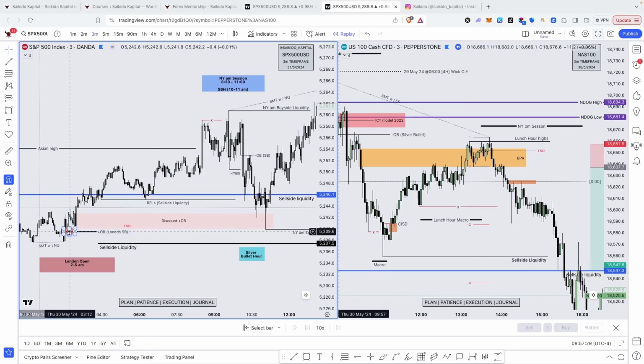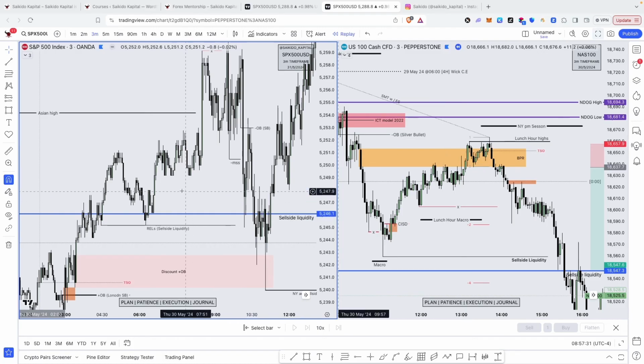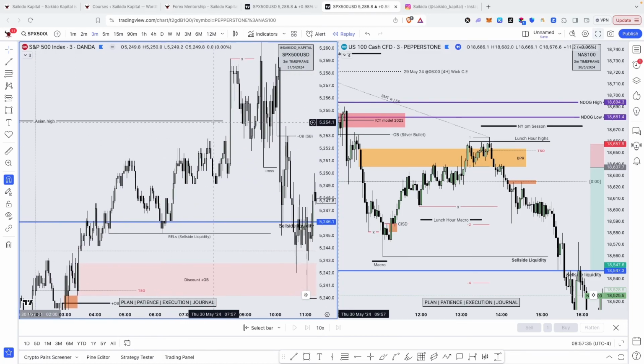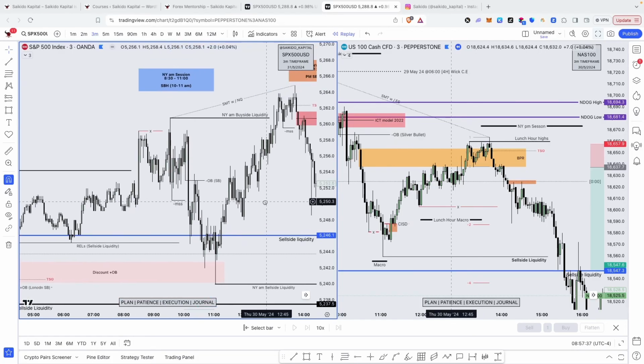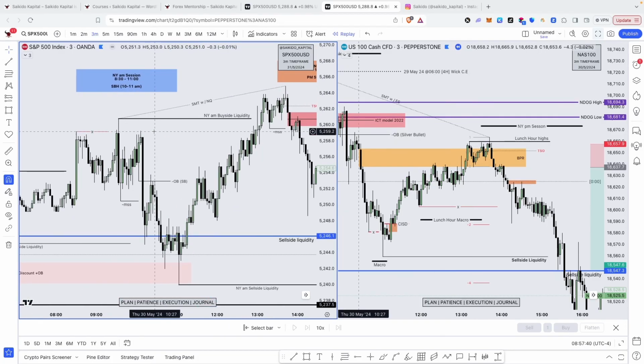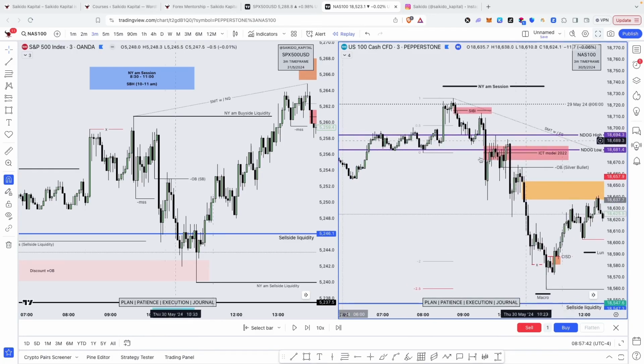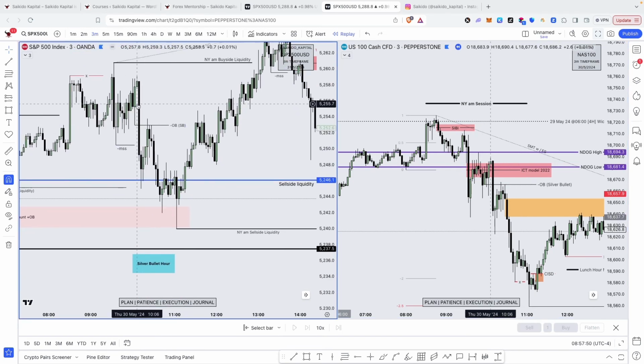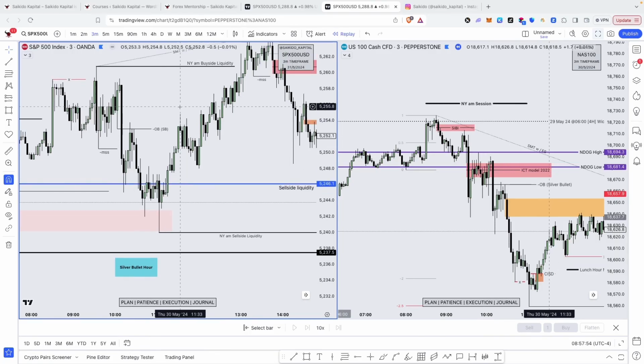So this was a London silver bullet on the ES, right? It went all the way up to cut Asian highs, and then New York AM session came, and something similar to what happened to Nasdaq happened also here. We took buy side, and then we created a bearish market structure shift, and this is an ICT model 2022, right?